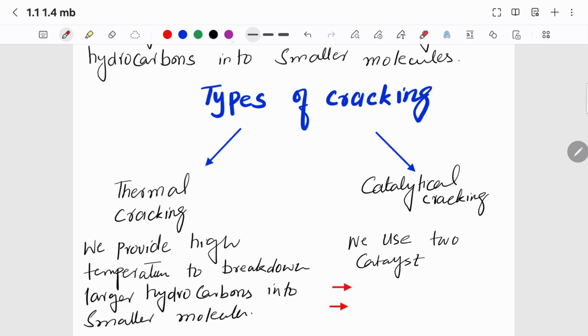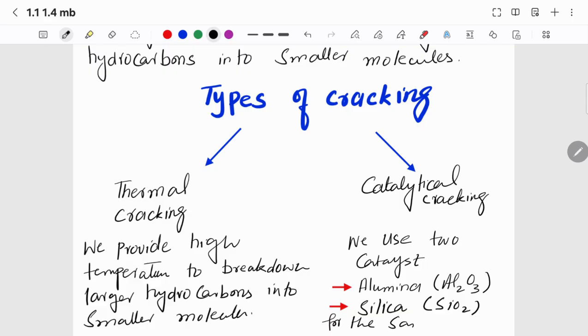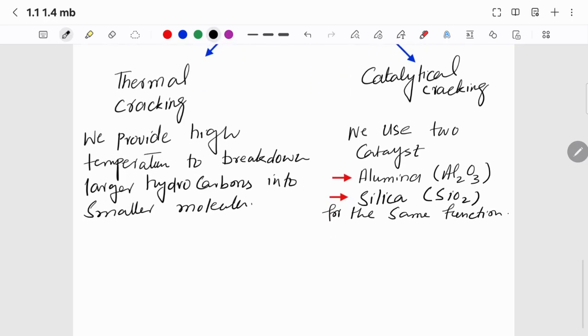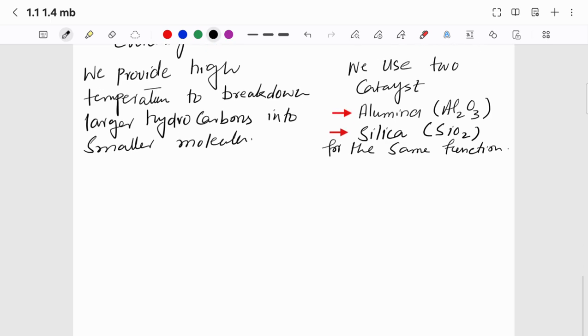One is alumina, Al2O3, and the other is silica, SiO2, for the same function. So basically, in catalytic cracking, we use a catalyst instead of high temperature and it becomes more economical.